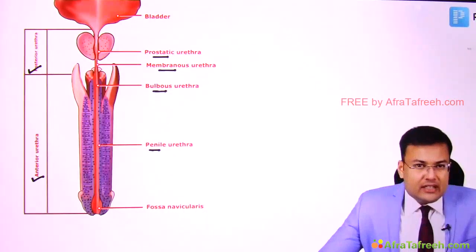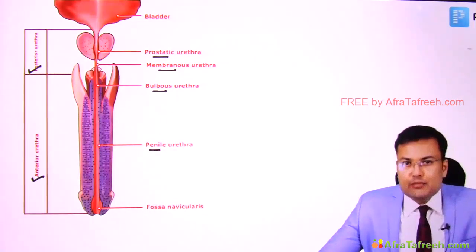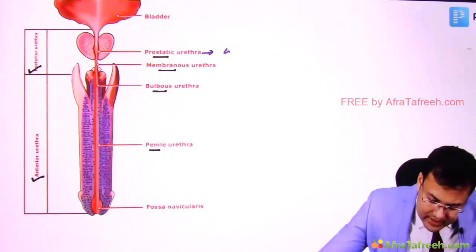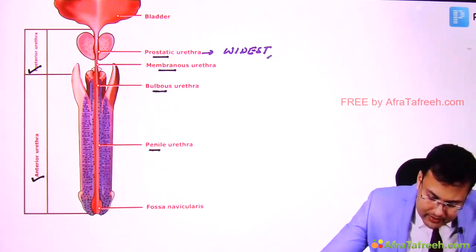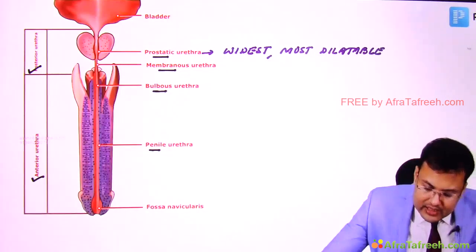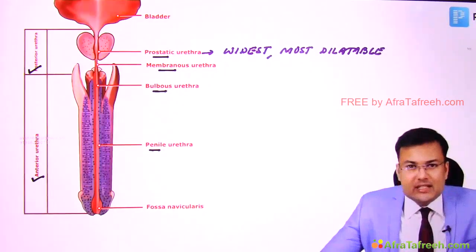Lots of questions are asked related to this anatomy. First, which one is the widest and most dilatable part of urethra? That is prostatic. Next, which urethra is shortest, narrowest and least dilatable?